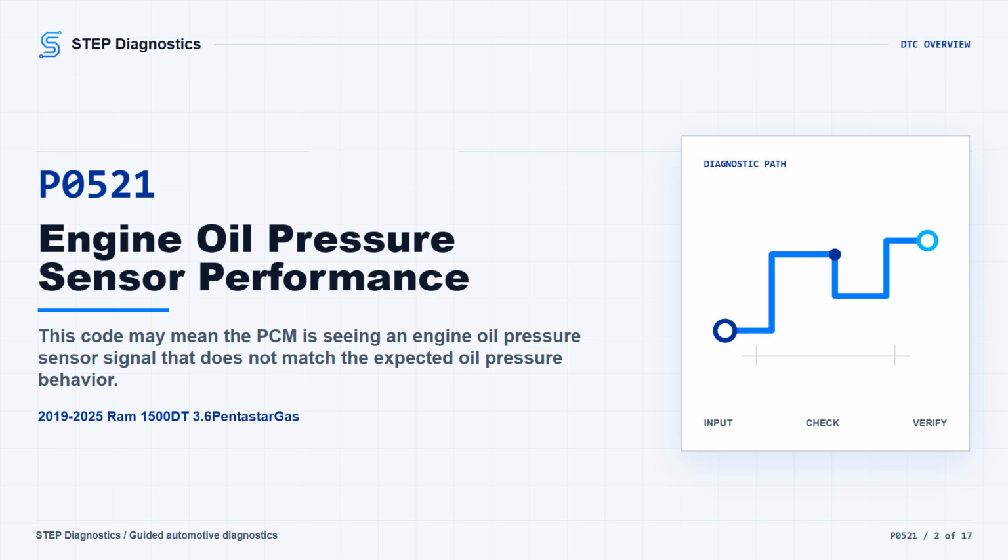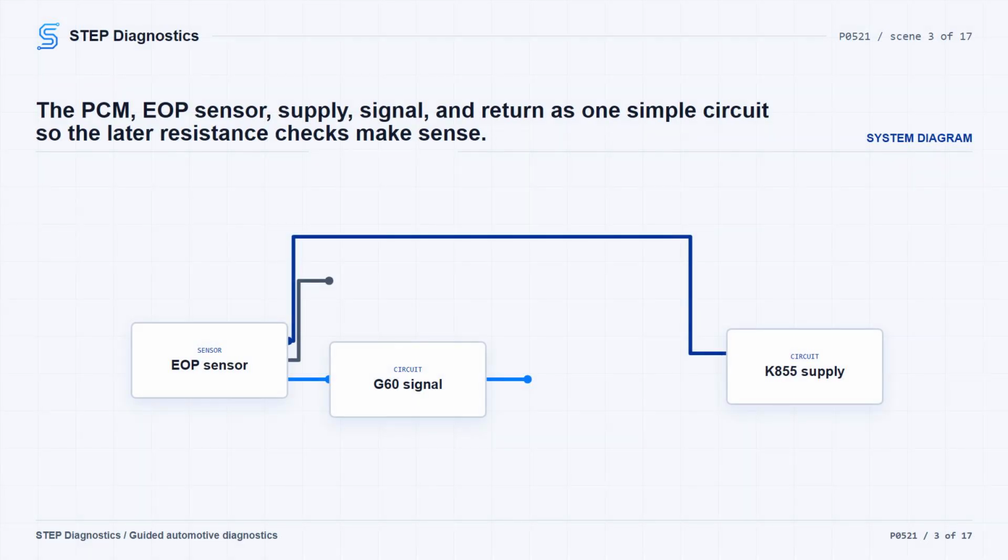Start with the basic system checks before getting into the code chart, and if other codes are present, understand what they mean first. The PCM supplies the engine oil pressure sensor with a 5-volt feed. Depending on the PCM hardware for the signal circuit, that signal can be handled as a pull-up at 5.0 volts or a pull-down at 0.0 volts.